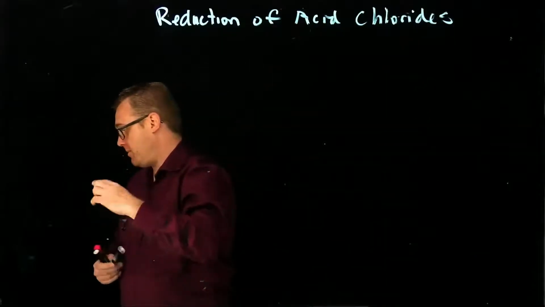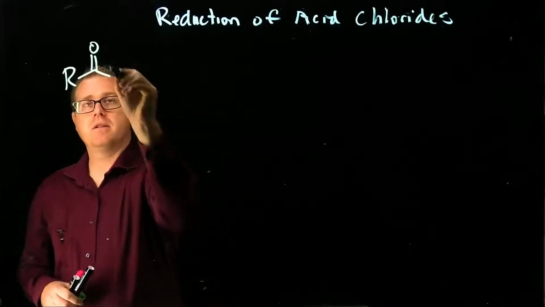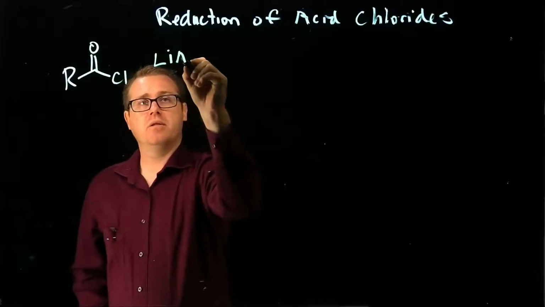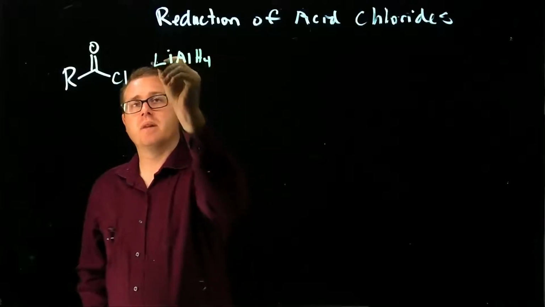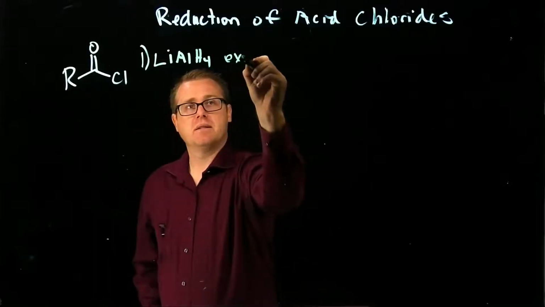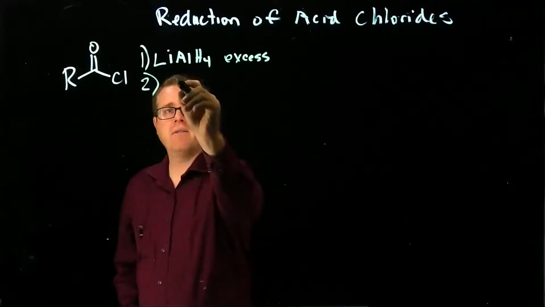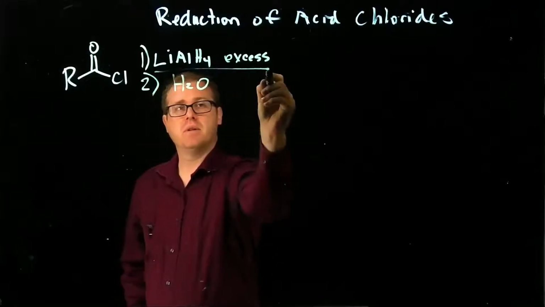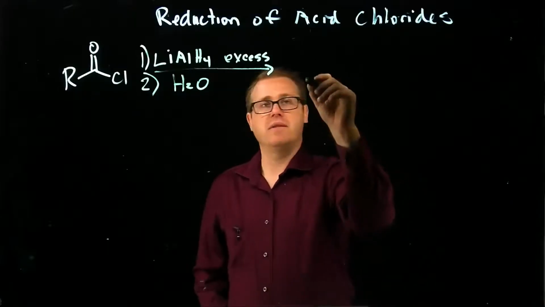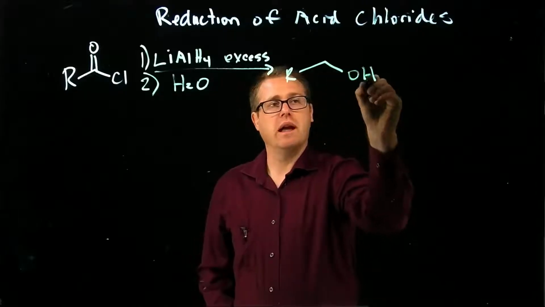And simply put, if we take ourselves a generic acid chloride and treat it with lithium aluminum hydride, and we're going to use that in excess. And then in step 2, you're going to have an aqueous workup. And when you do that, you are going to generate yourself an alcohol.